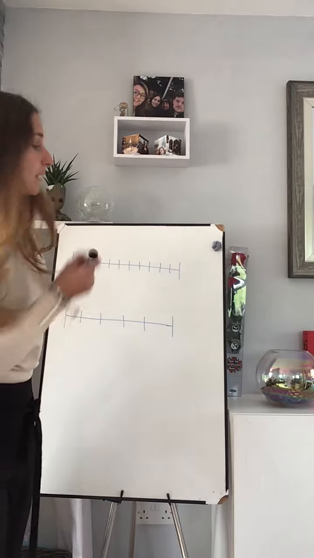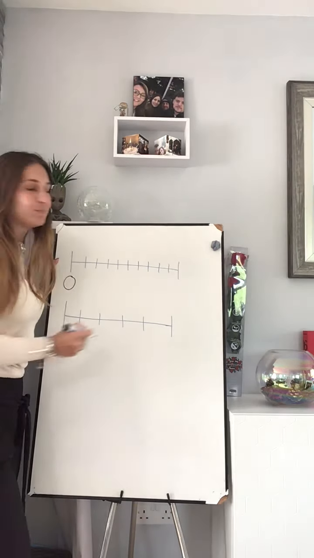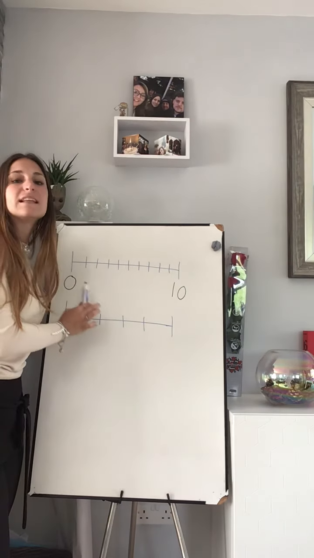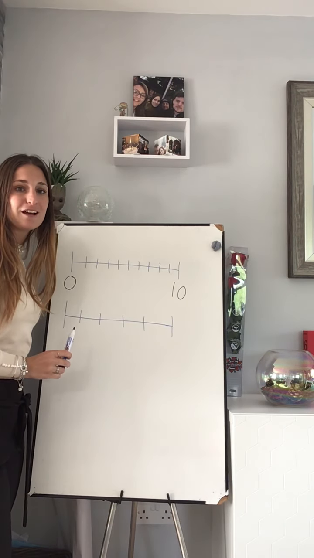For example, if I say that this one is 0 and this one is 10, count in your head and see what you think this scale is counting in. Have a go.